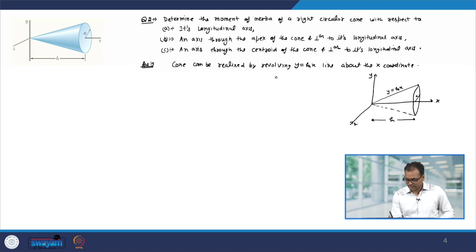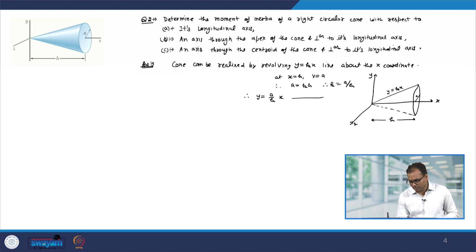So at x equal to h, y is equal to a, therefore a equal to k times h and therefore k is a divided by h. So we have the equation of the line that forms the cone, and it is y equal to a by h into x. Let us call it equation number 1.